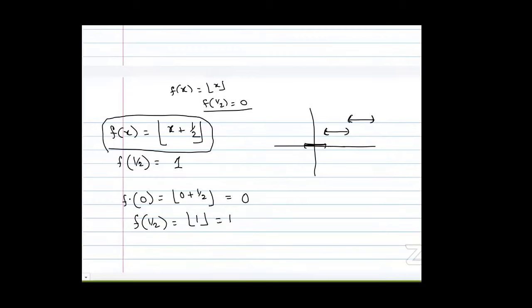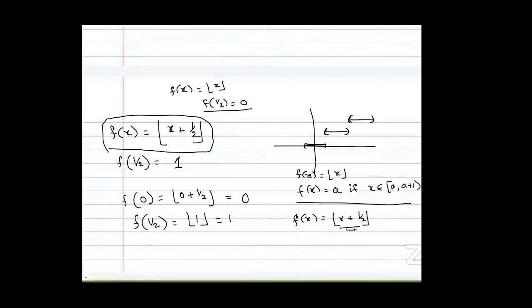So let's recall how floor is defined. It is defined as a if x is in between a and a plus 1, right? That is the original floor function, f of x equal to floor x. Now we are taking f of x equal to floor of x plus 1 by 2.